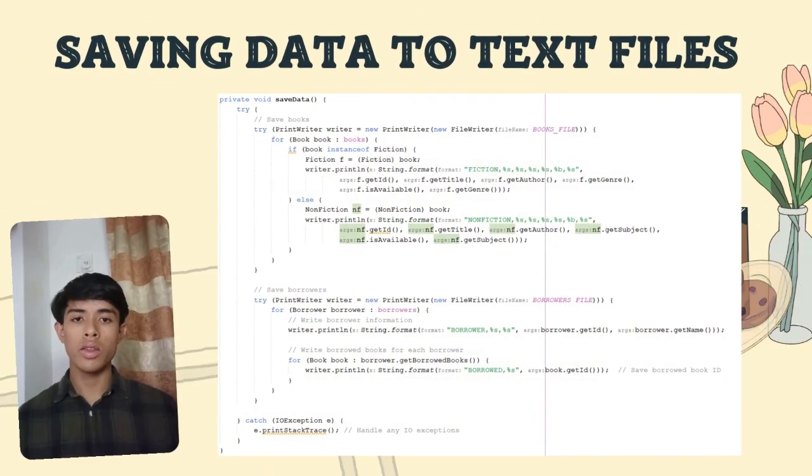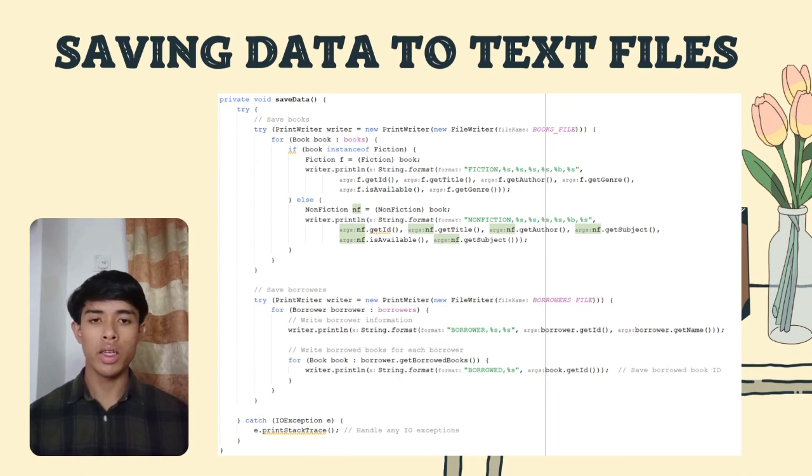Okay, saving data to text files. I will explain how data handling is implemented in our library system, how books and borrowers are saved and restored, and conclude with the challenges we faced and the solutions we applied during development. Our system uses text files to ensure that books and borrower data are persistent between application sessions. The save data method writes the current state of books and borrowers to two separate files, books.txt and borrowers.txt.